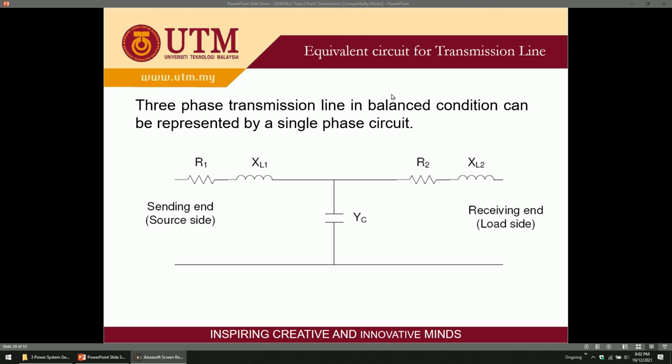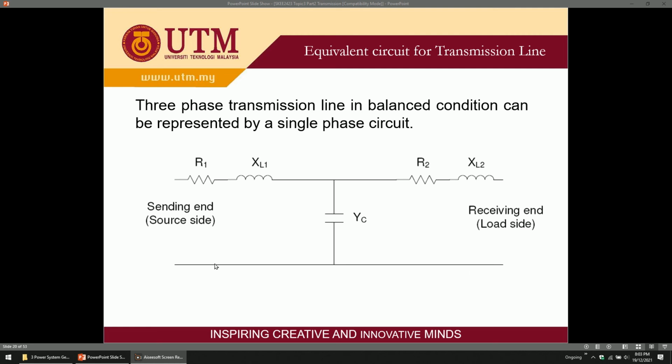Now the equivalent circuit for the transmission line. A 3-phase transmission line in a balanced load condition is represented as a single-phase circuit like this. If you have 3 phases, we present it as a single phase.